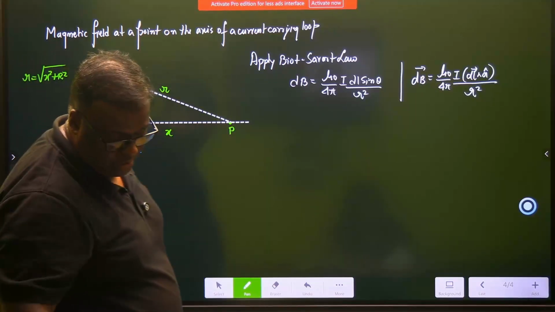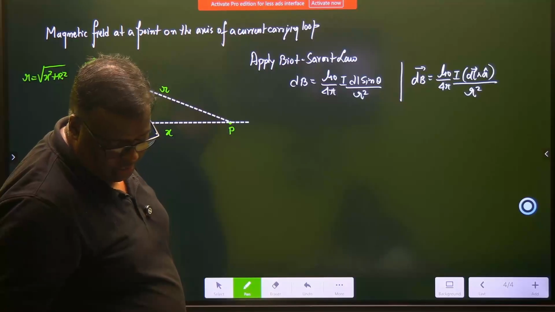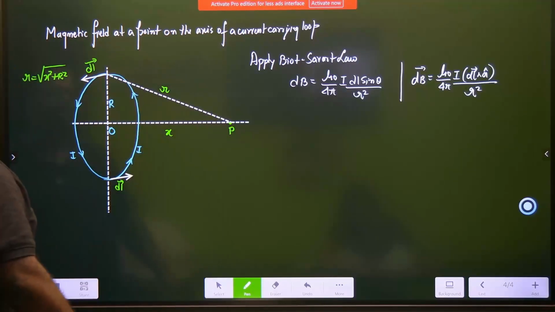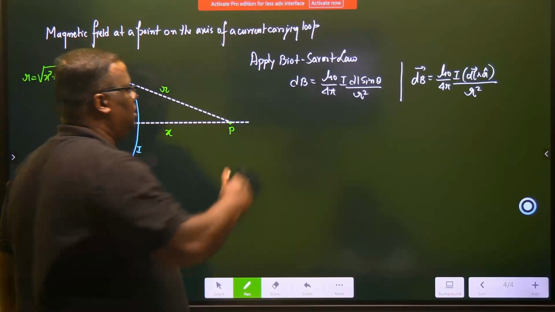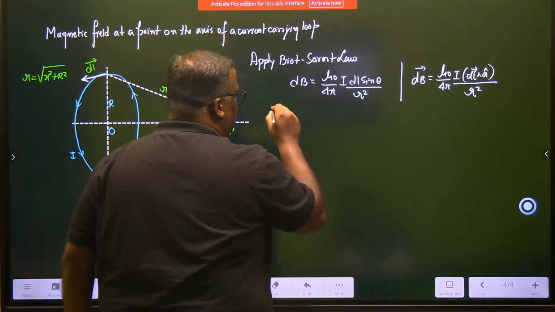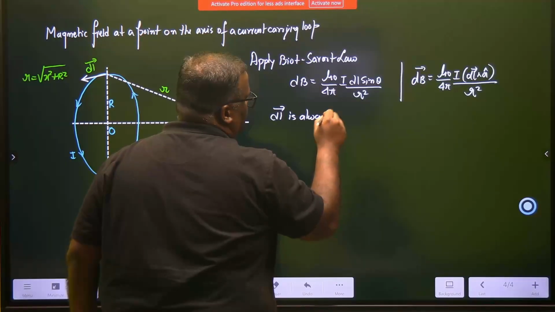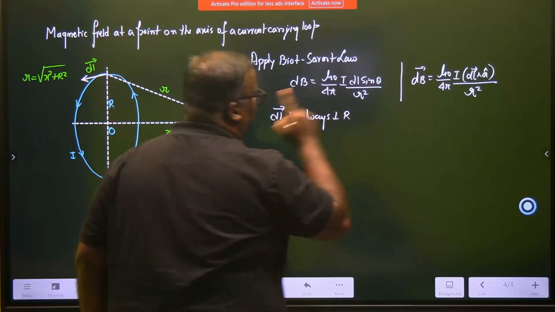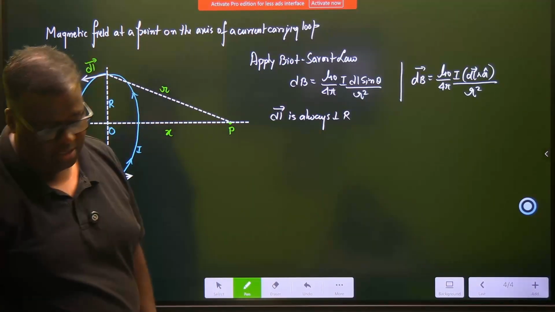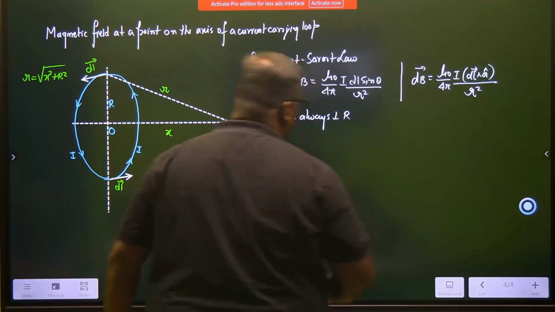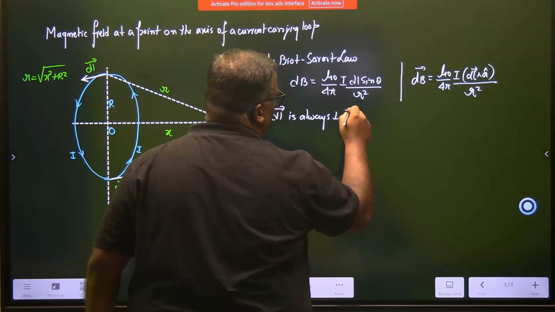Okay, write down. Current element DL, as a current element, is always perpendicular to the R vector.